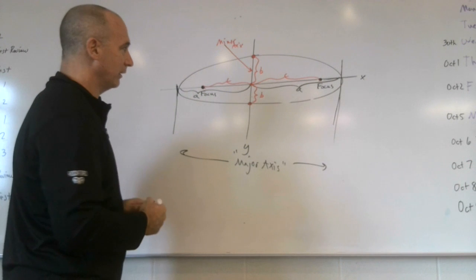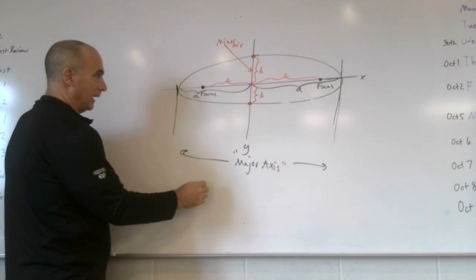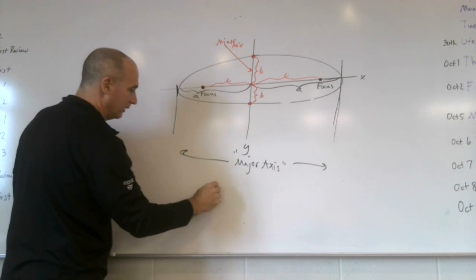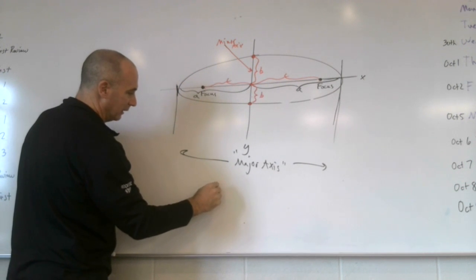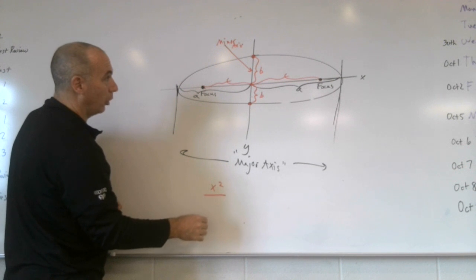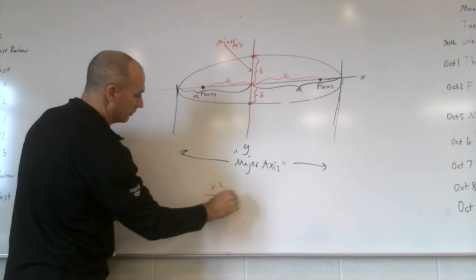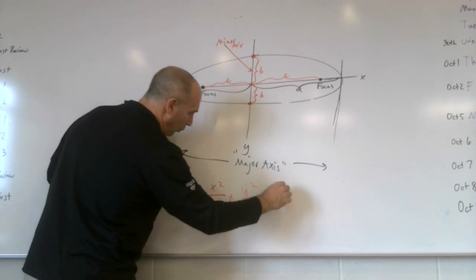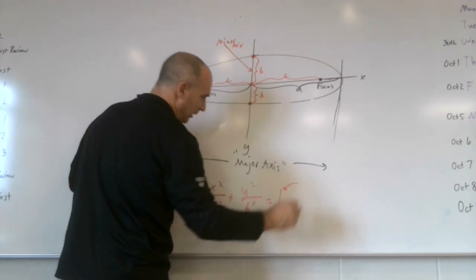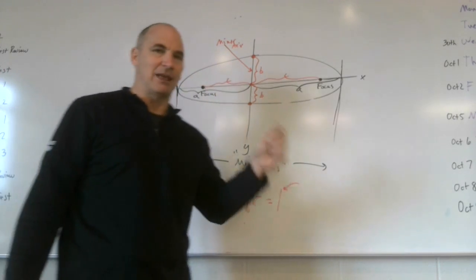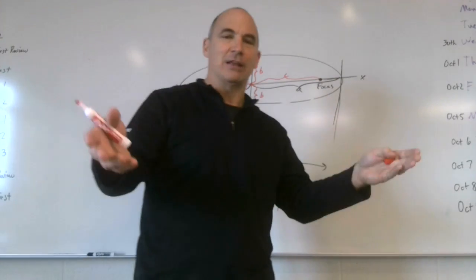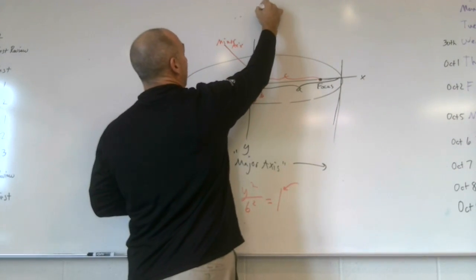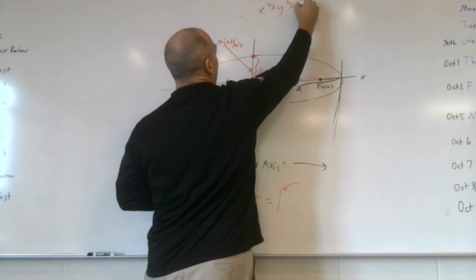But I want to make a point now, a couple things. This right here, the way it's drawn, would be considered to be this. It would be x squared over a squared plus y squared over b squared equals 1. Now that's very significant. In one of my previous lessons, I did kind of shed some light on circles, and that is x squared plus y squared equals r squared.